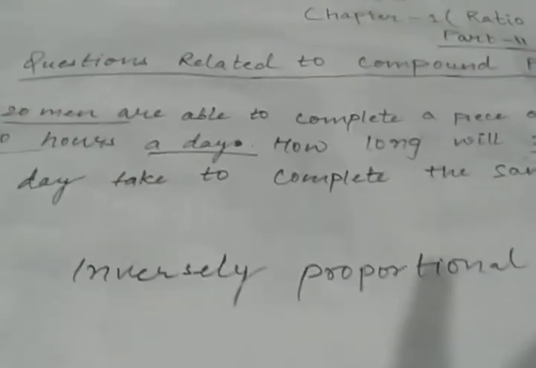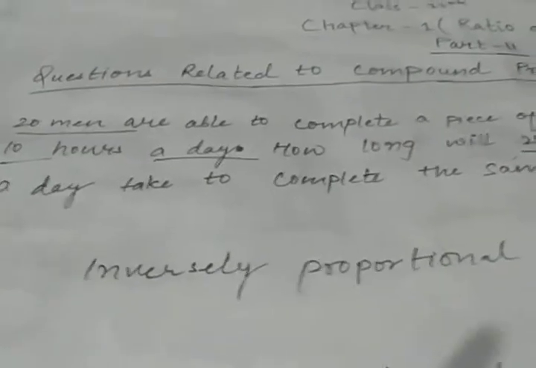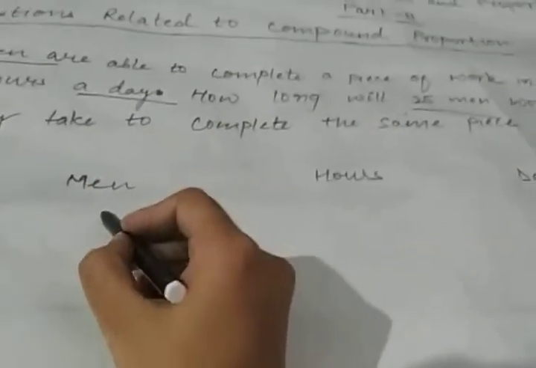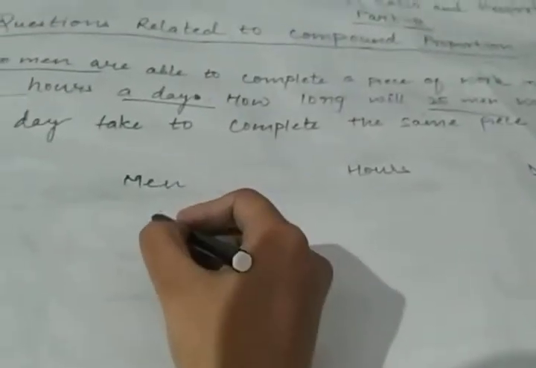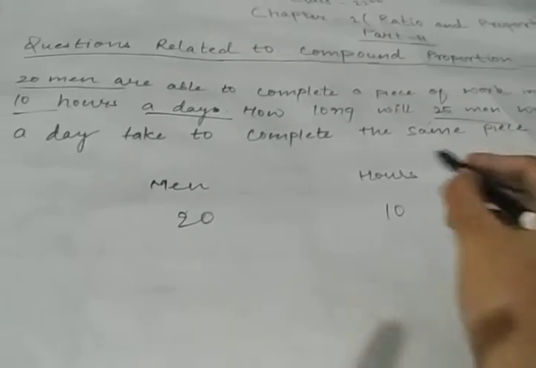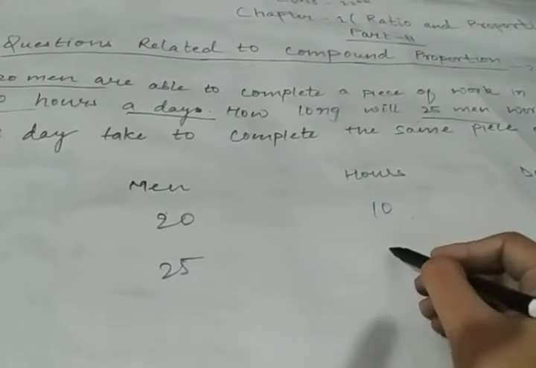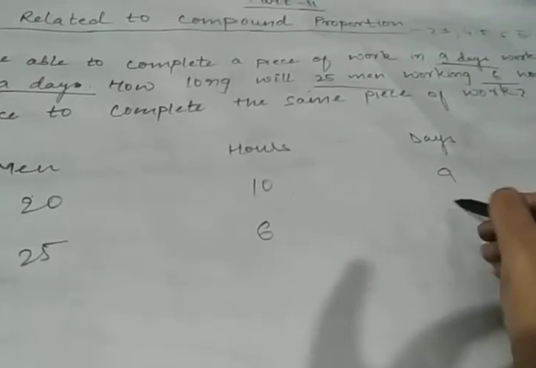This question is based on both inverse and direct proportion. We can write it as men, hours, days: 20 men, 10 hours, 9 days, and 25 men, 6 hours, and we have to find the days.